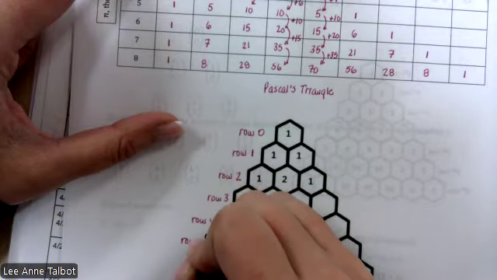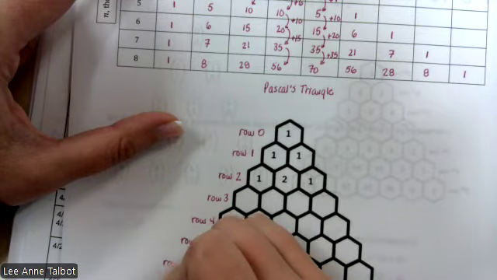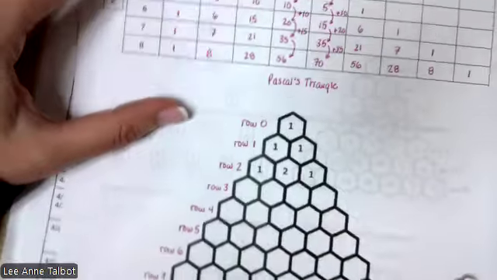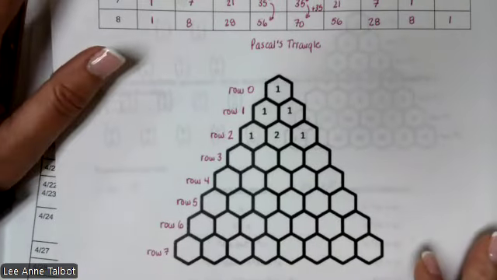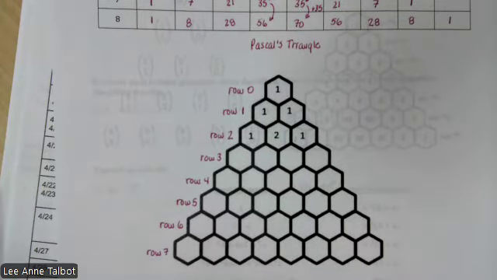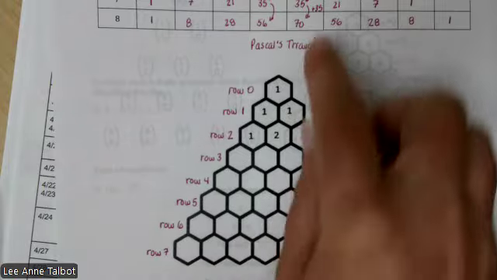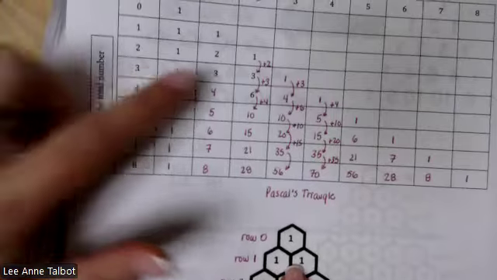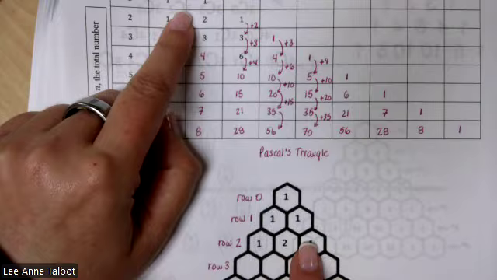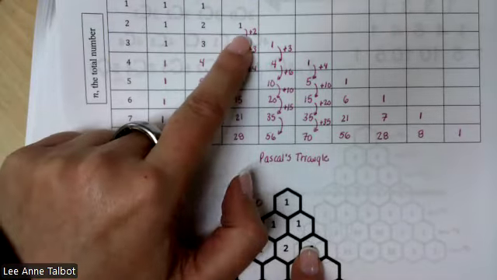Row 4. Row 5. Row 6. Row 7. We didn't go all the way to 8 on this picture. Can you guys see that these two ones right here correspond to these two ones right here? And that this 1, 2, 1 corresponds to this 1, 2, 1 right here.